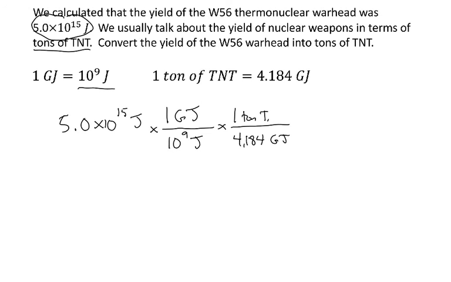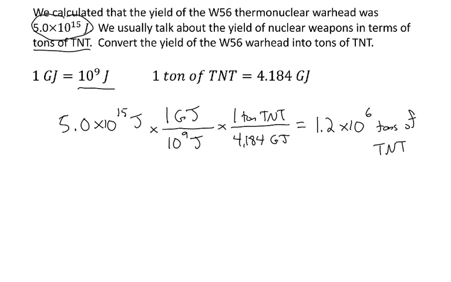The 1 ton of TNT will go on the top. Remember, when these are on the bottom, that means I divide. So I'm going to take 5.0 times 10 to the 15, divide that by 10 to the 9th, then divide that result by 4.184. And we're going to get 1.2 times 10 to the 6 tons of TNT.